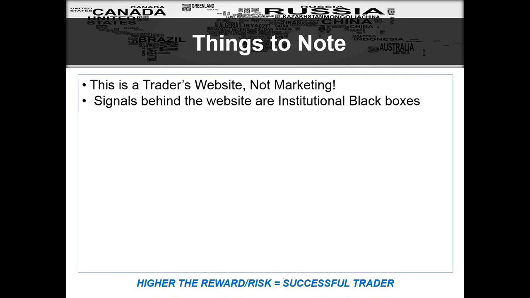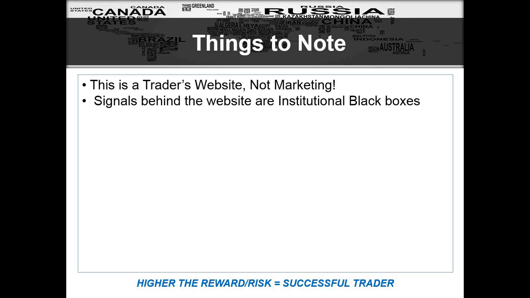Number 2, believe it or not, the signals behind the website: we actually have institutional black boxes behind the website. So the website is just a GUI front end that's basically displaying information. Believe it or not, we have a lot of black boxes in the cloud that are running full-time, real-time on all the global markets out there. These are institutional black boxes that sit there and monitor all time frames and all instruments out there.